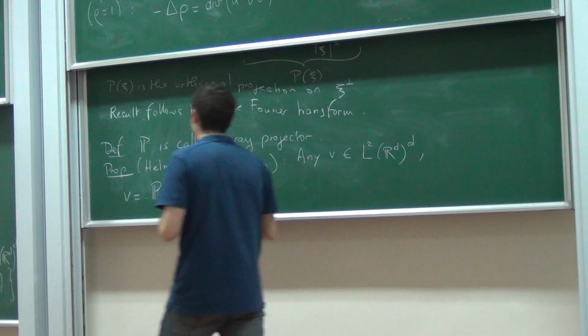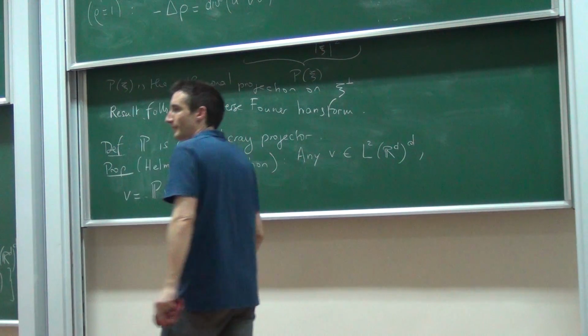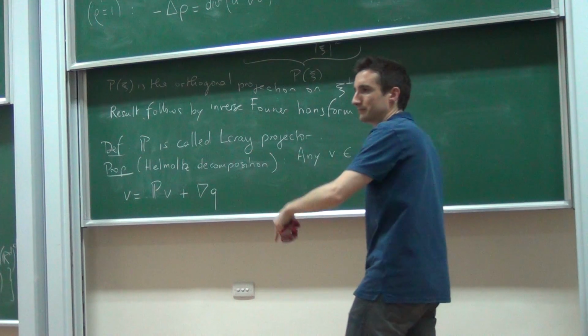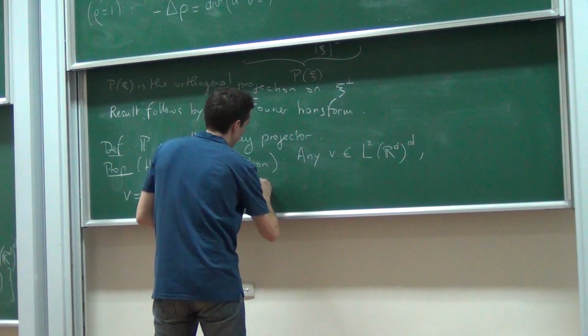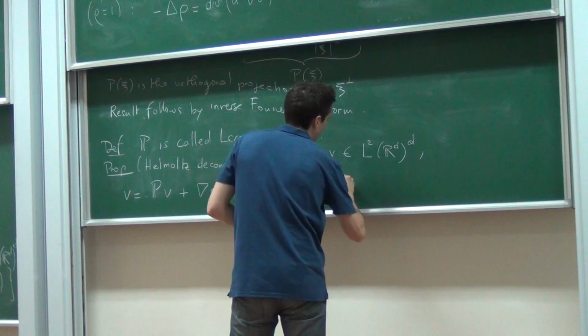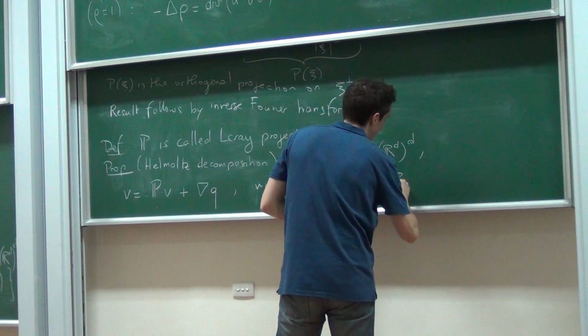And the Helmholtz decomposition tells you that this orthogonal part is a gradient of some Q, with some Q in L2 loc of R^d.